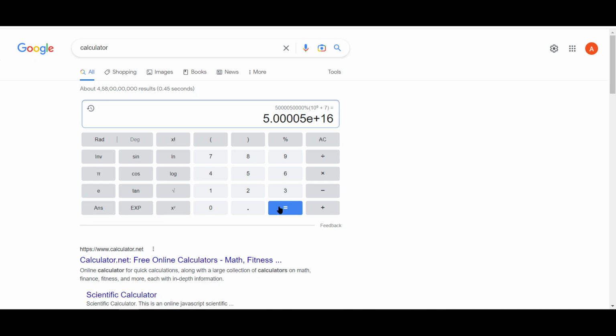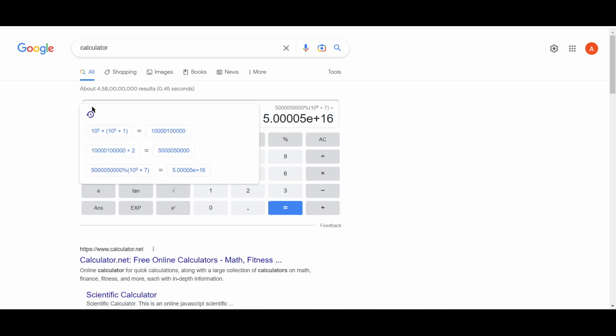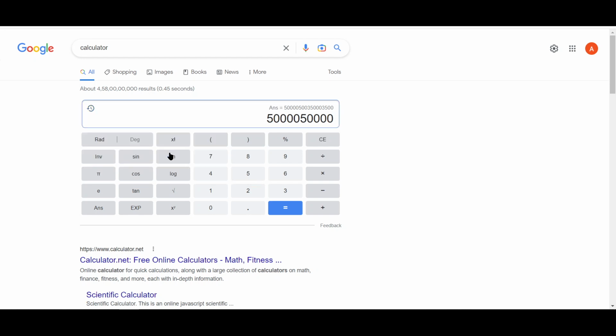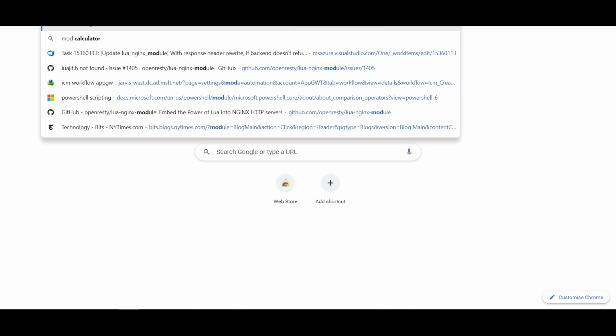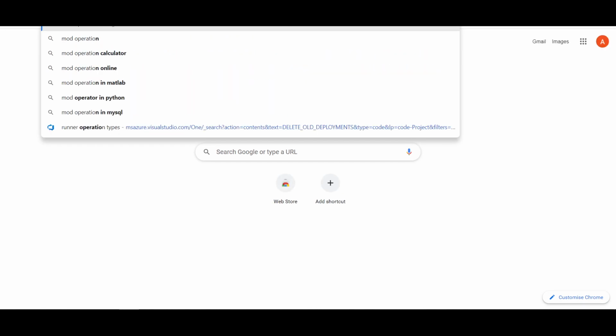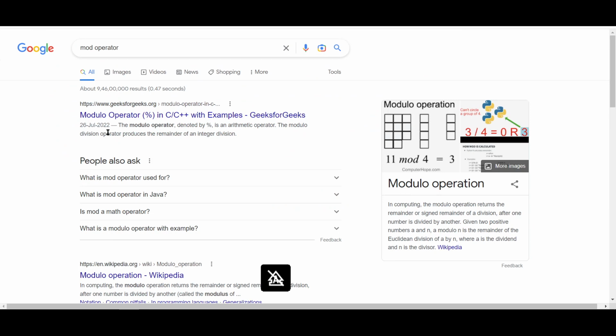Okay, so the calculator does not understand mod, but still let's copy a comma. How do I do this? Not this, not this.